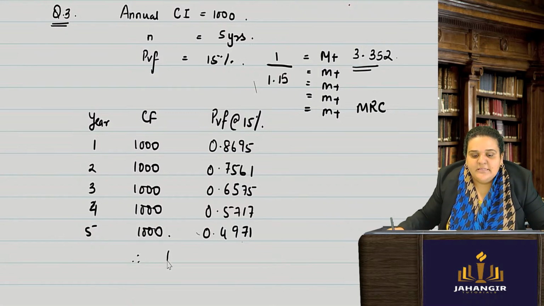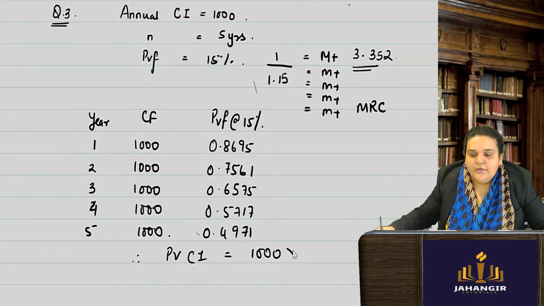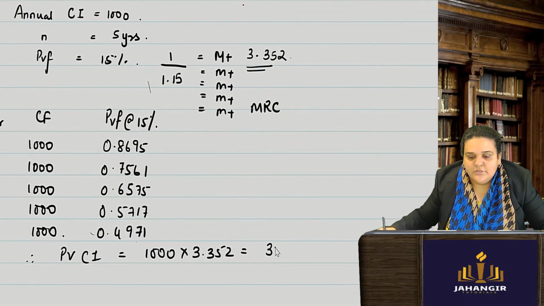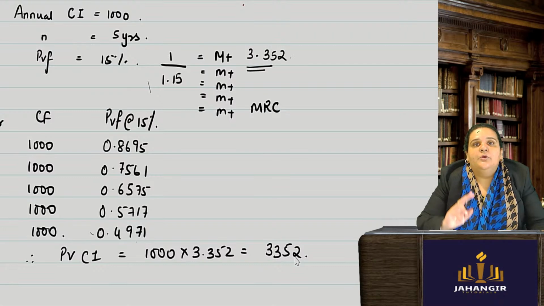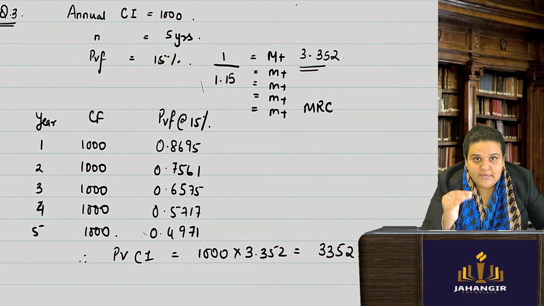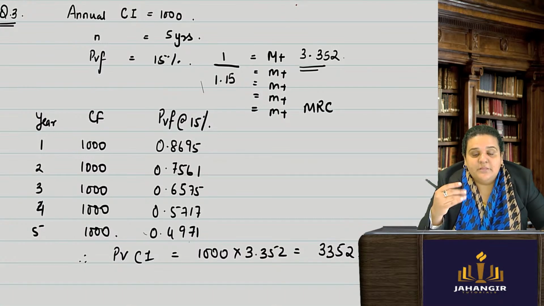Therefore, the present value of my cash inflow is nothing but 1000 into 3.352, which is going to be 3,352 rupees.